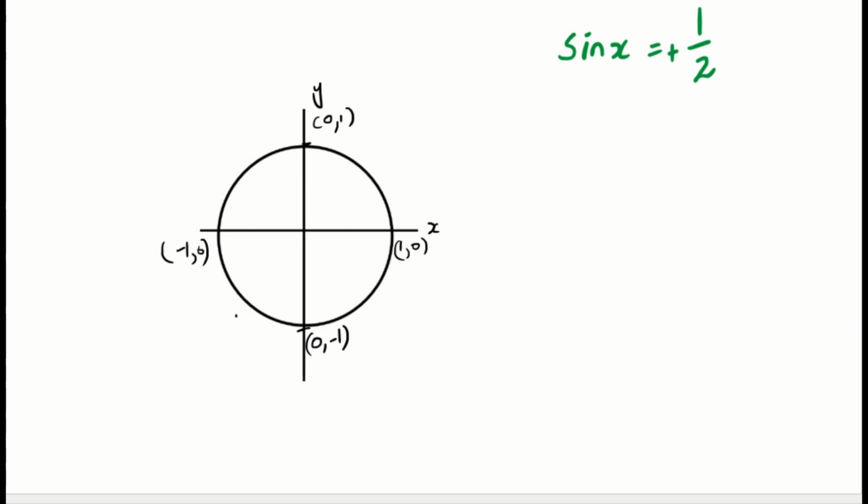So we will draw an angle for sine equal to 1 by 2, which is 30 degrees. Because hypotenuse is 1 and the value of sine is 1 by 2, it is opposite to the hypotenuse. So in radian, 30 can be written as pi over 6.